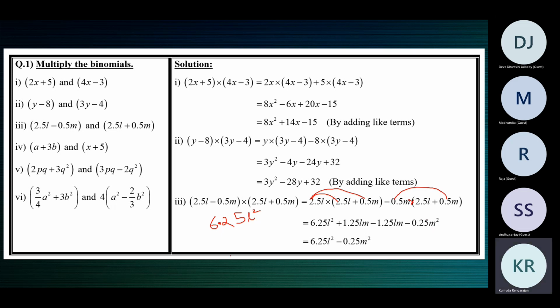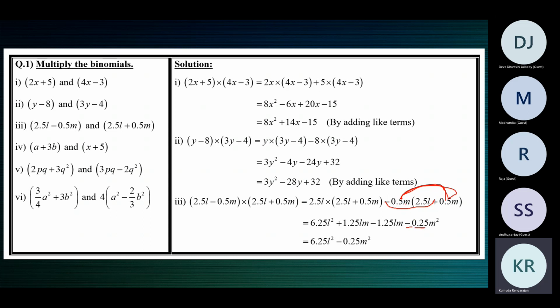Multiply the signs first. When you're multiplying two terms, always. Say when you're multiplying minus 0.5M and plus 0.5M, how do we multiply? First multiply the signs. Minus into plus, minus. Then multiply the numbers. 0.5 into 0.5 is 0.25.